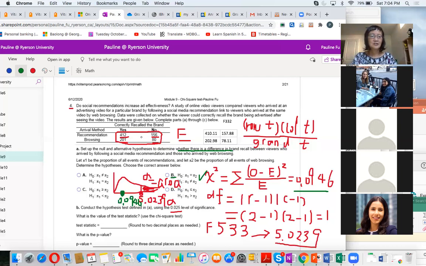So make sure your calculator is at the home page. Okay, this is your home page. And then you press the F3 button, F3 test. And then the F3 button again, chi-square test.